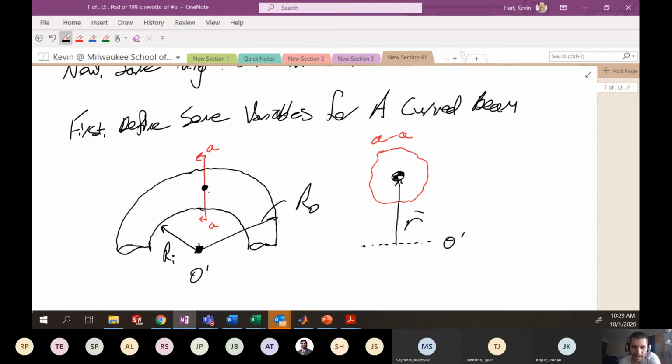Also in the cross section, you may have a point of interest where you want to measure the strain. Let's say your point of interest is up here on this upper edge, some arbitrary point. We define the distance from the center of curvature to that point P as little r.